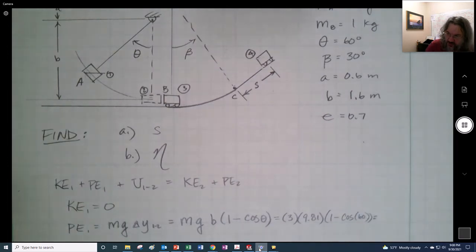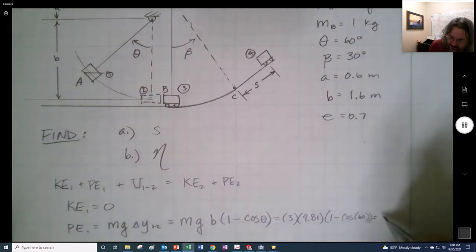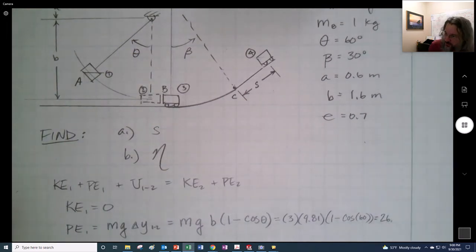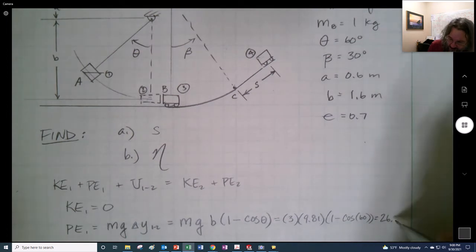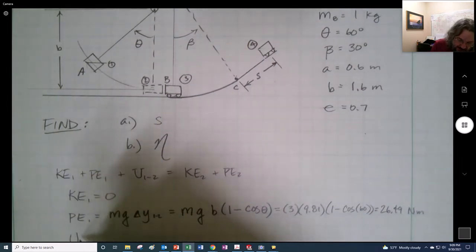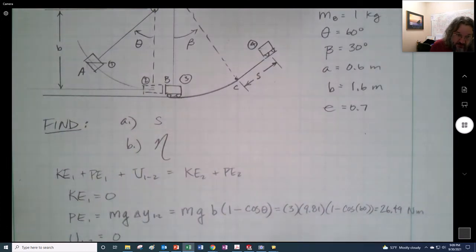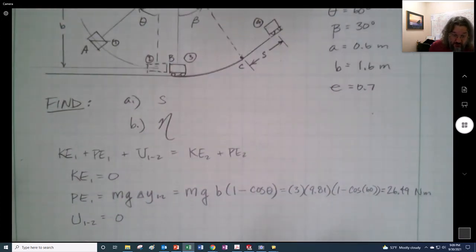I have the numbers in an Excel spreadsheet. That potential energy ends up being 26.49. These are metric, so they're Newton meters, or joules. The work between 1 and 2 is 0, since there's no external work going on.